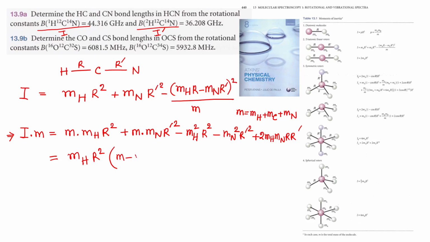So from here we can get M minus M_H. If we do the similar treatment to the next, we can get something like M minus M_N, and the last portion is as it is.